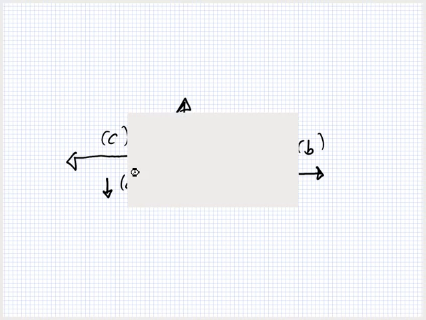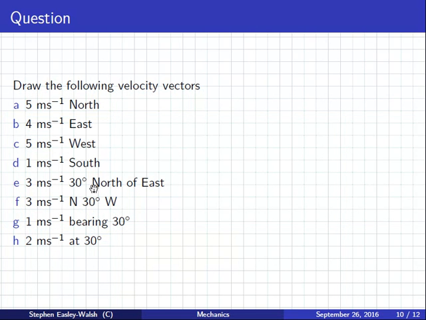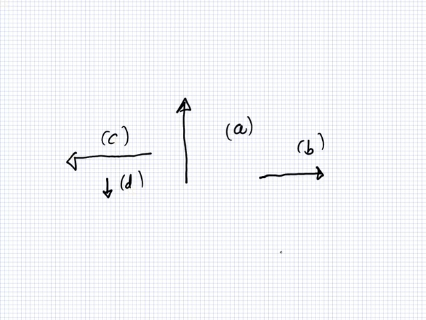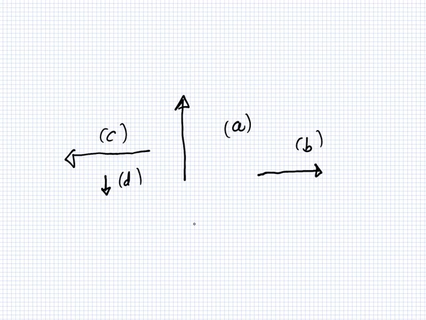Now, these ones you should write down because you have to be very careful with the English here. 30 degrees north of east. You're heading east and then you turn north. You start with the east, let me put it here.